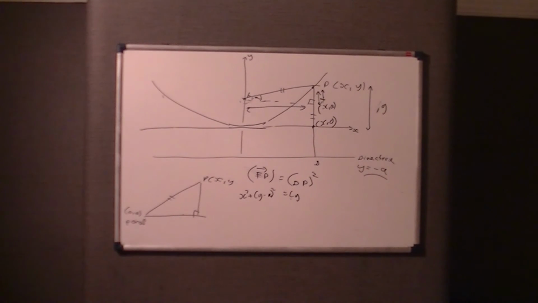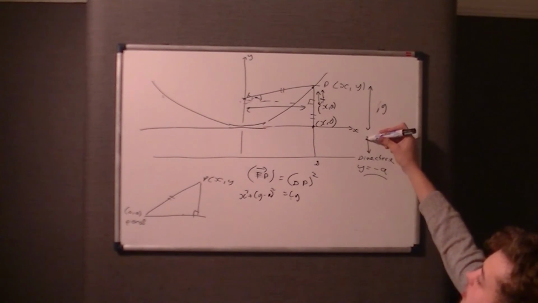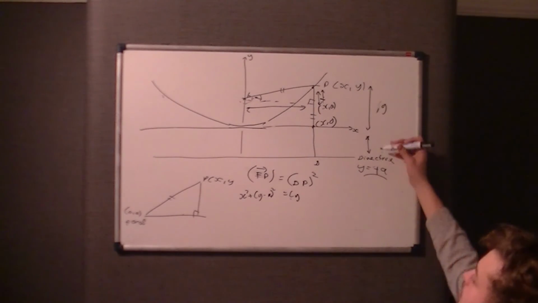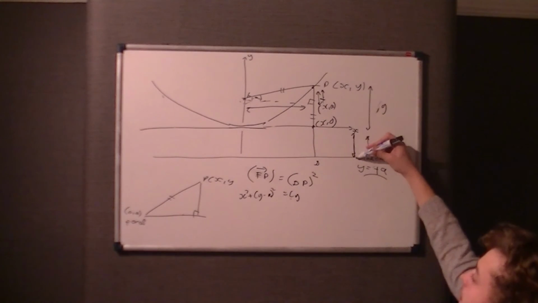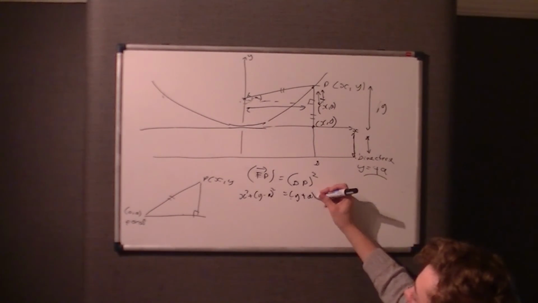Oh, sorry, no, I do apologise, because we're not taking away. We're adding y plus, it doesn't matter if this is negative, the distance here is still a, the modulus of it is a. So it's y plus a all squared.